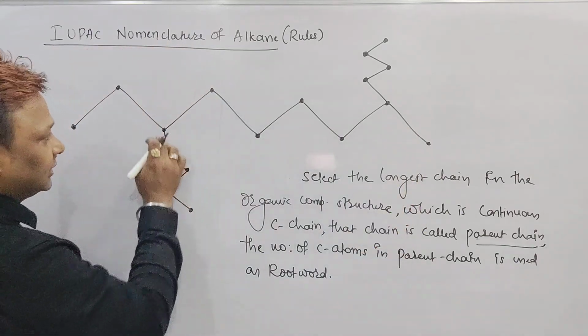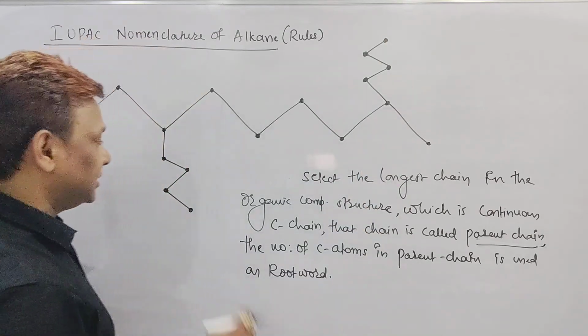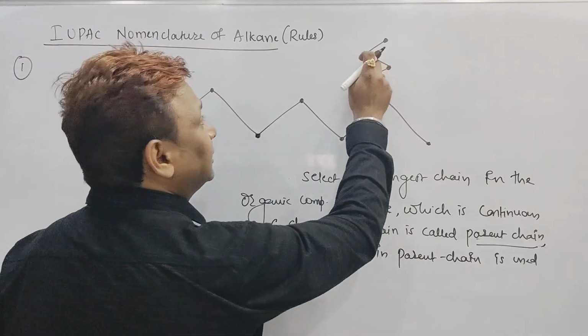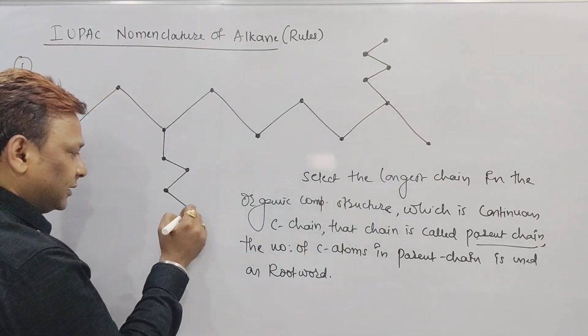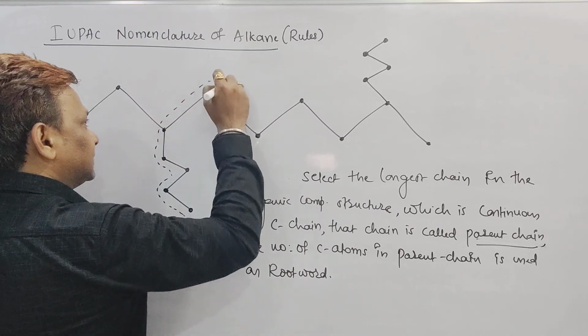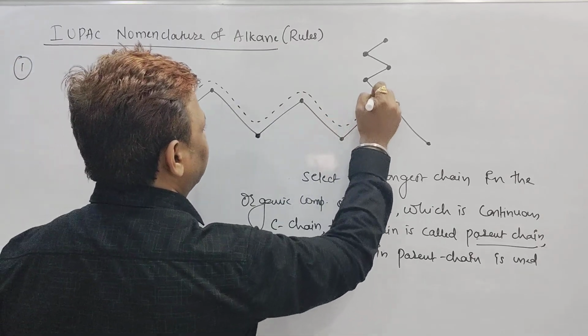But when I go in this way, I am getting what, beta? 14 carbon atoms in the straight chain: 1, 2, 3, 4, 5, 6, 7, 8, 9, 10, 11, 12, 13 and 14. So this is the parent chain, a continuous carbon chain containing the maximum number of carbon atoms.